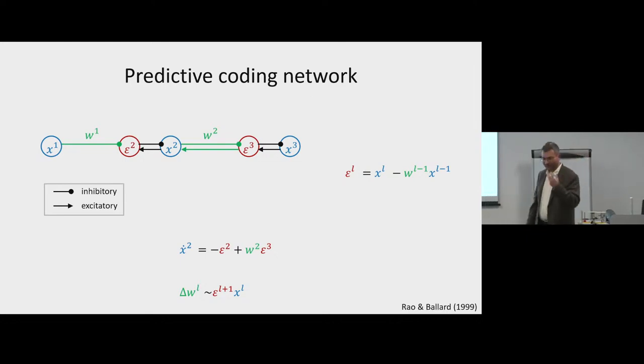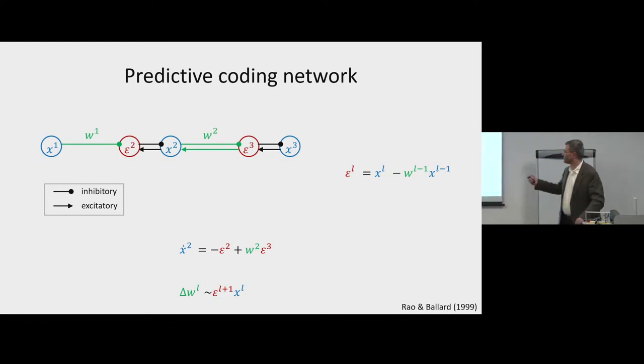Just to mention that I agree that this is clearly not biologically plausible in terms of inhibition and excitation, but again, this is not a difficult problem to solve. There is a very nice paper by Georg Keller, which showed how you can reformulate this architecture so that you have the inhibitory and excitatory neurons.